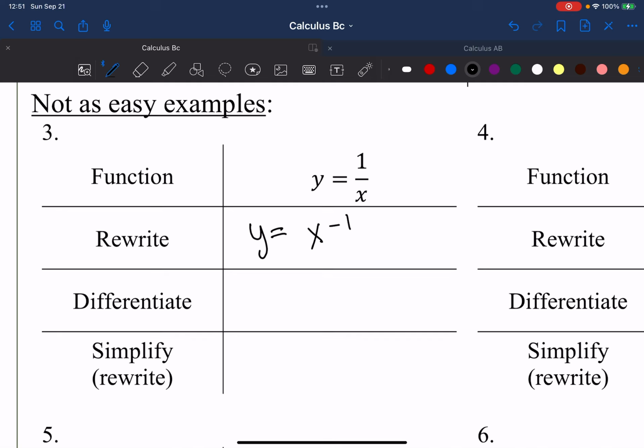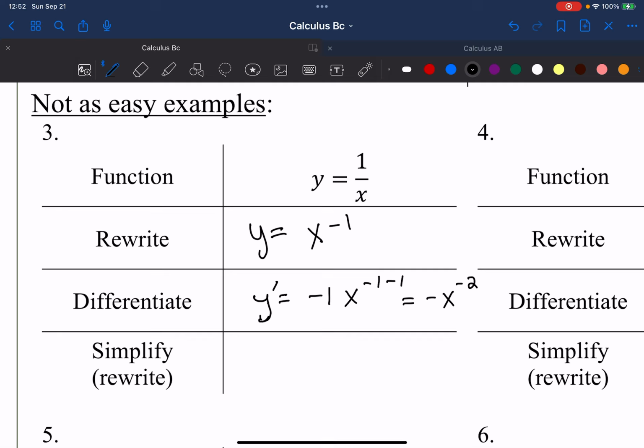If we take the derivative of this, we bring down the negative 1, so y prime is equal to negative 1 times x to the negative 1 minus 1, so negative 2. So this is negative x to the negative 2.